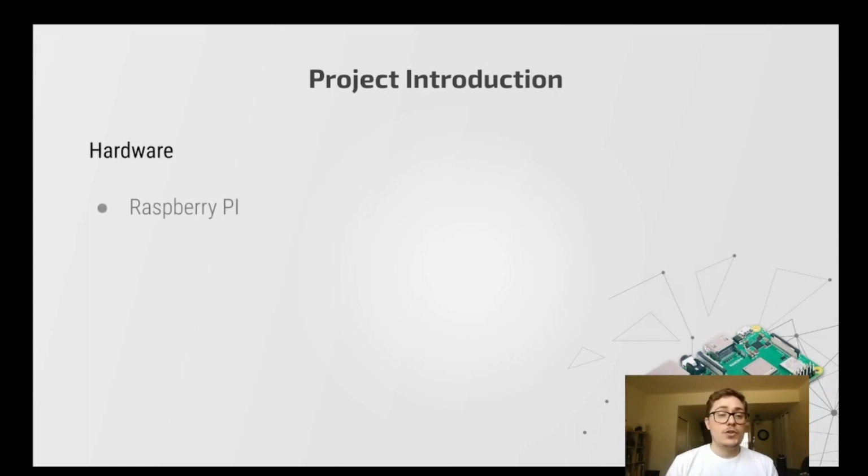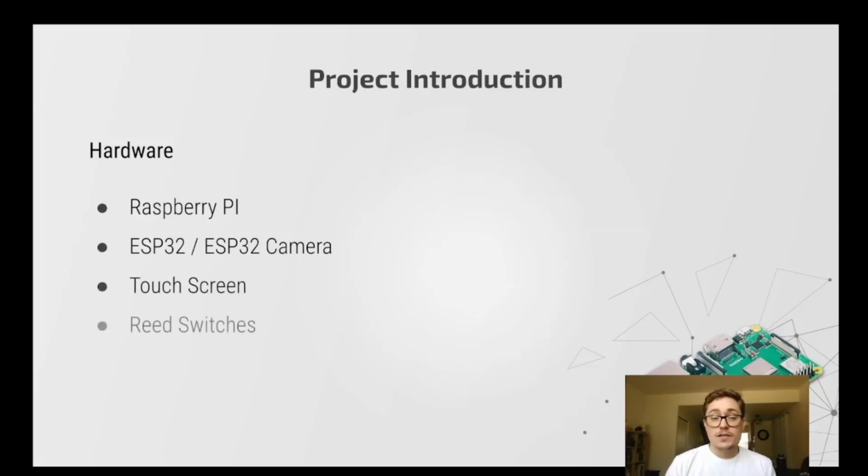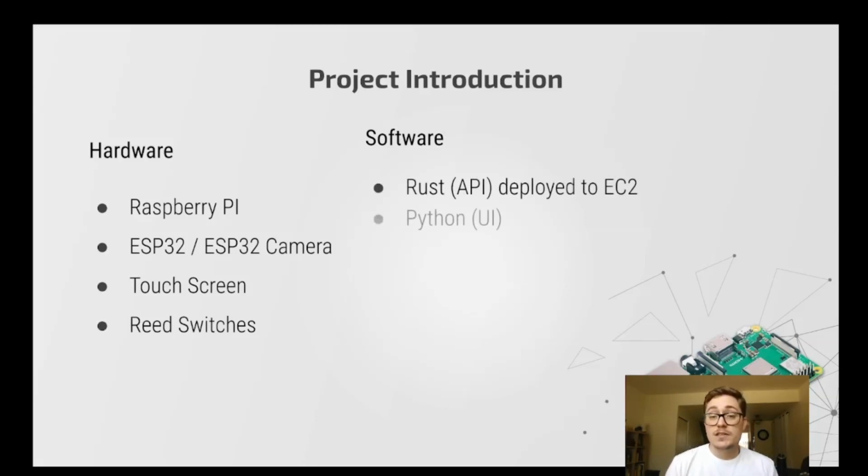Hardware involved includes the Raspberry Pi, ESP32 and ESP32 camera modules, touchscreen, reed switches, and the software involved includes a Rust API deployed to an Amazon Web Services EC2 instance, a Python user interface, and there are a variety of C language applications, including an MQTT broker application.